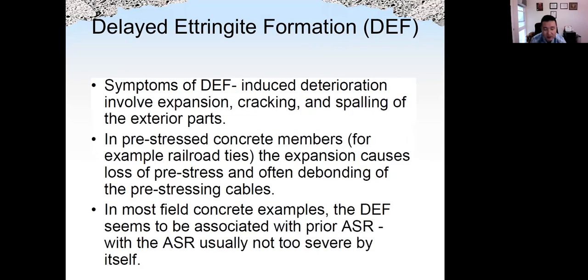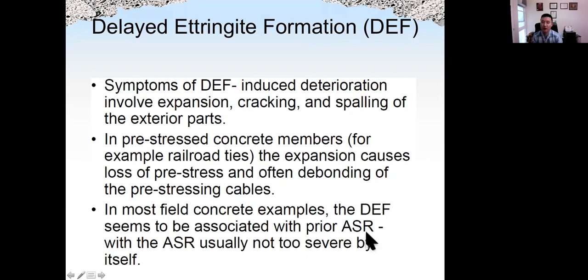So the symptom of DEF is expansion, cracking, and spalling of the outside of the concrete. And for pre-stressed concrete, we may have loss of pre-stress for the rebar or debonding of pre-stressed cables. Okay. And the last sentence is very interesting. So in most field concrete examples, DEF seems to be associated with prior ASR.